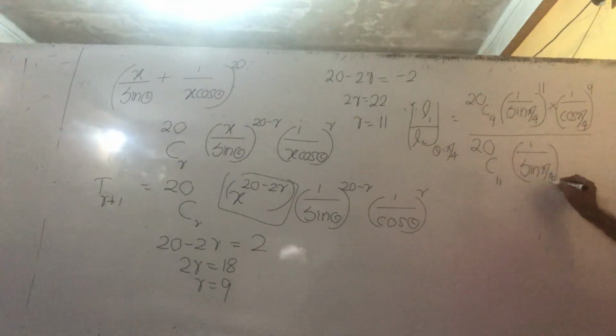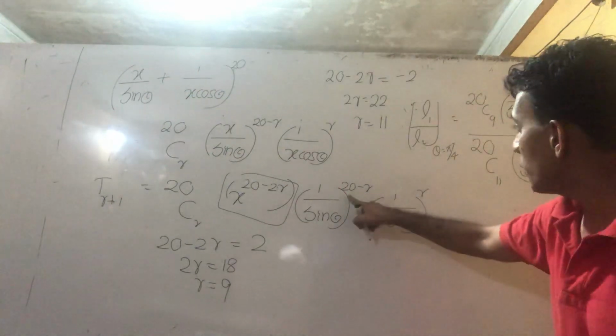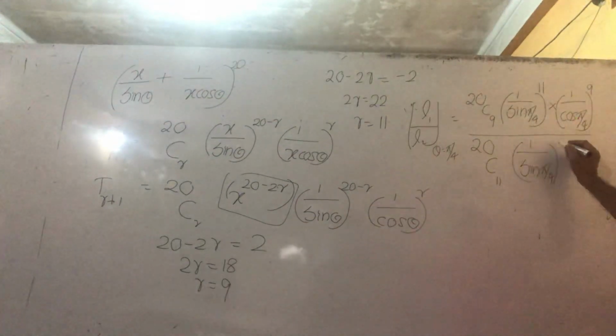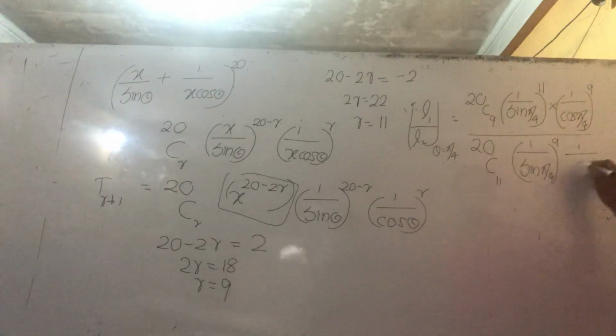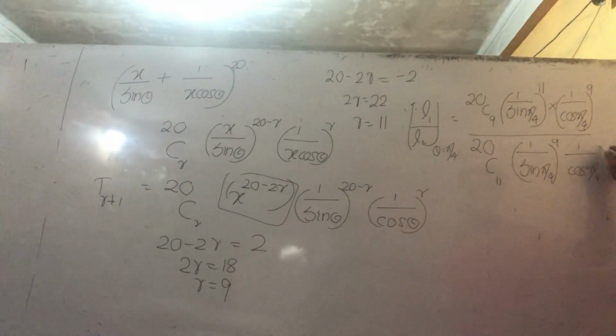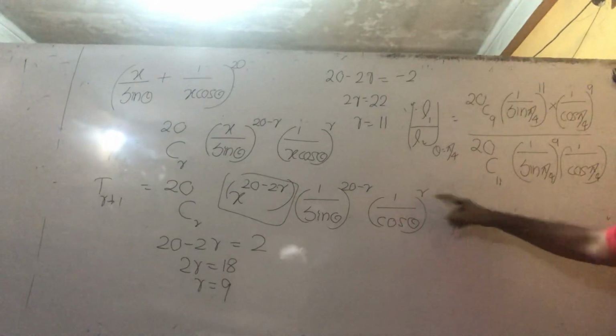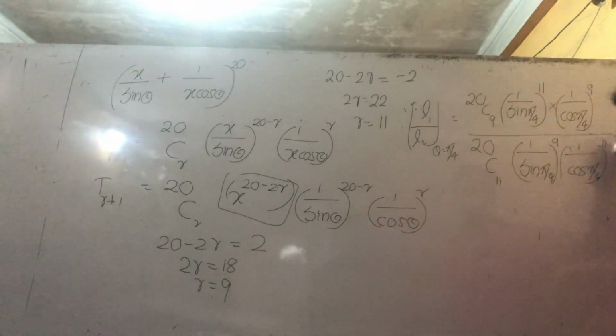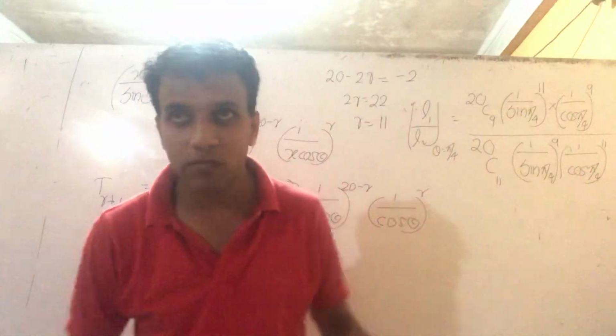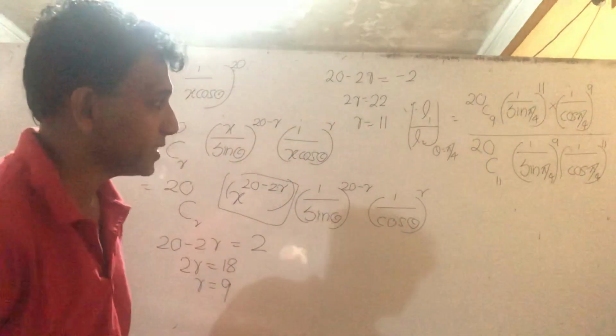To the power 20 minus 11, 9, and 1 over cos pi by 4 to the power 11. Nice question, nice work, but a simple problem involving trigonometric binomial idea.